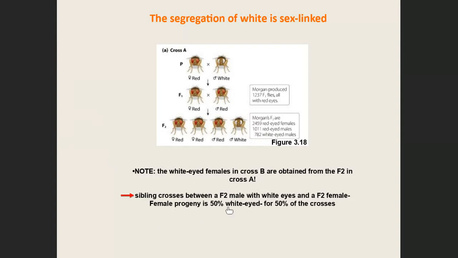And in 50% of the crosses, you had female progeny that was 50% white eyes and 50% red eyes, but only in half the crosses.